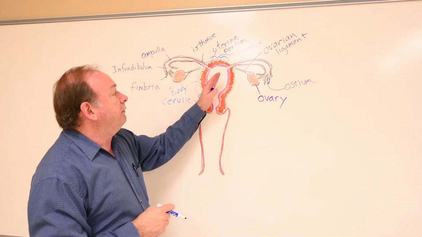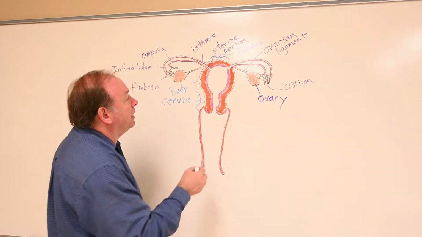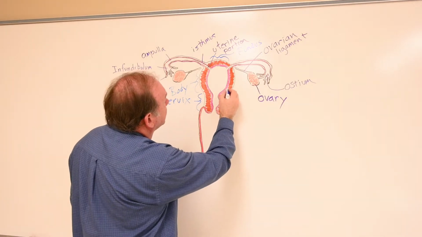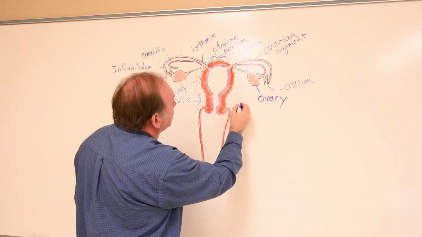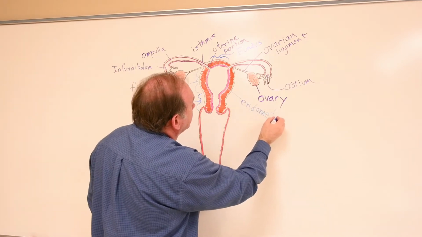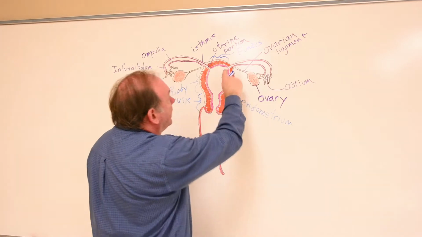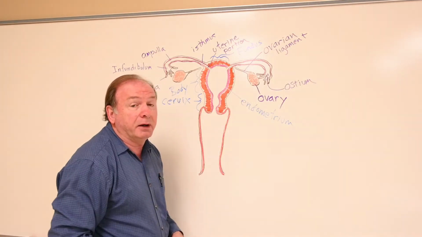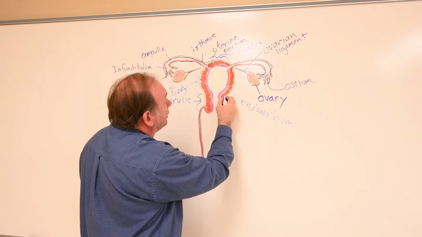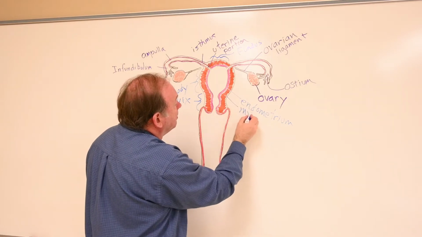The wall of the uterus has three primary layers. I've tried to indicate them with a couple of different colors here. The most internal layer is the endometrium, indicated in pink. Then there's a thick layer of smooth muscle in the wall, a very heavy smooth muscle layer out here called the myometrium.